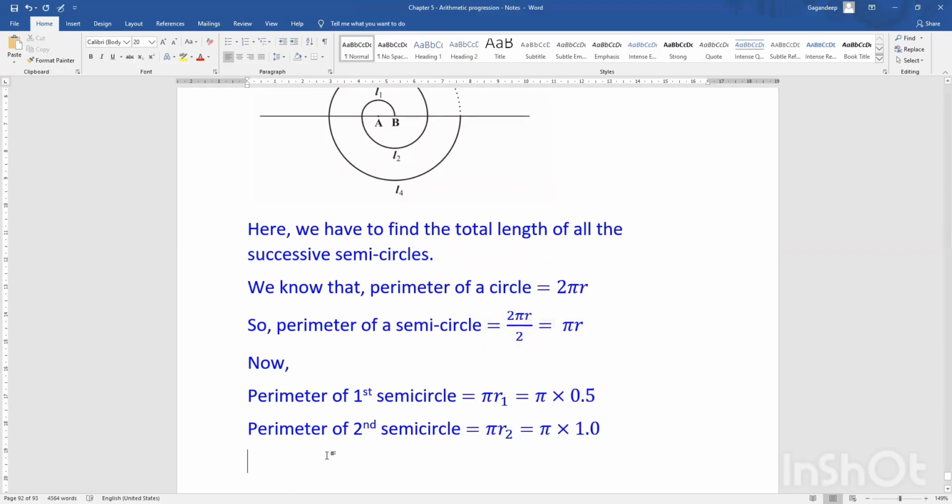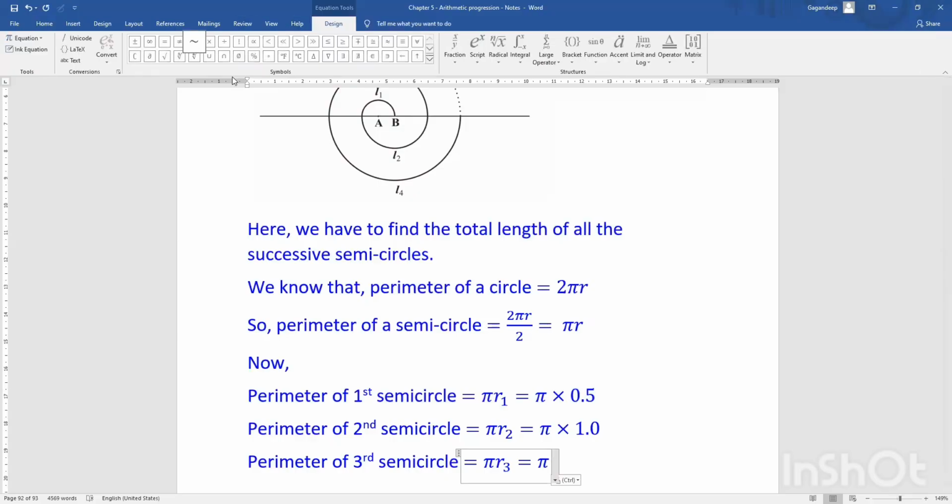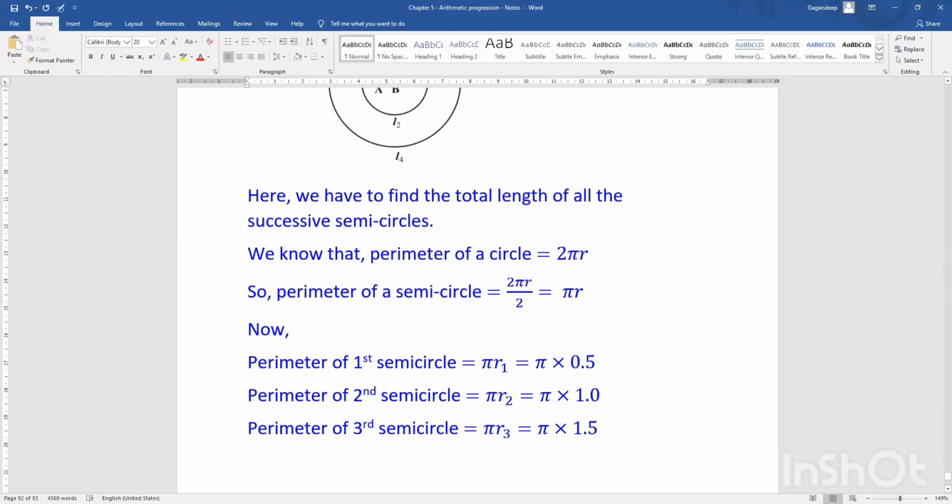Similarly, we have the perimeter of the third semicircle, which is pi into r3, which is pi into 1.5, and so on.